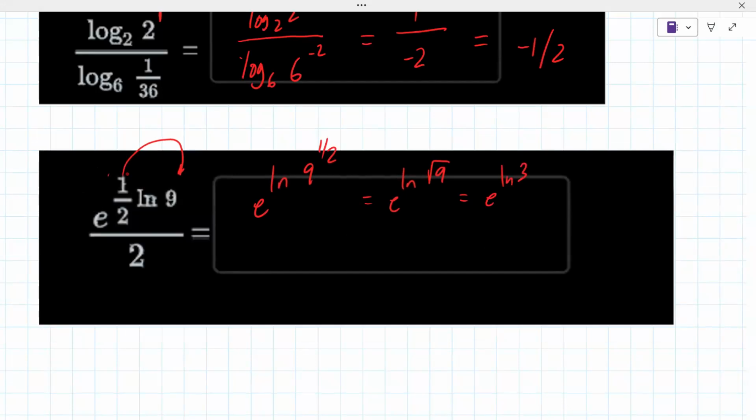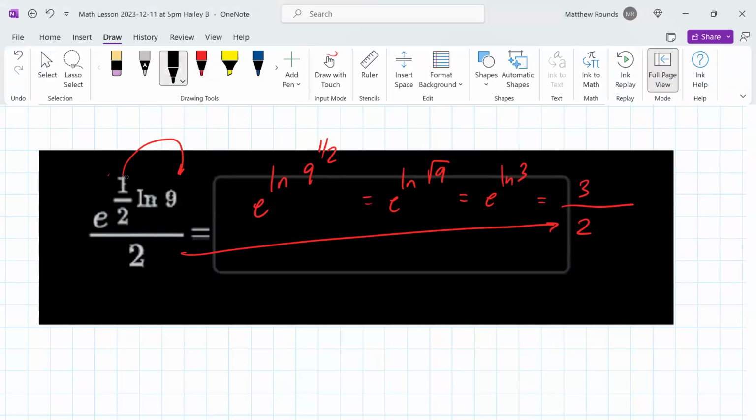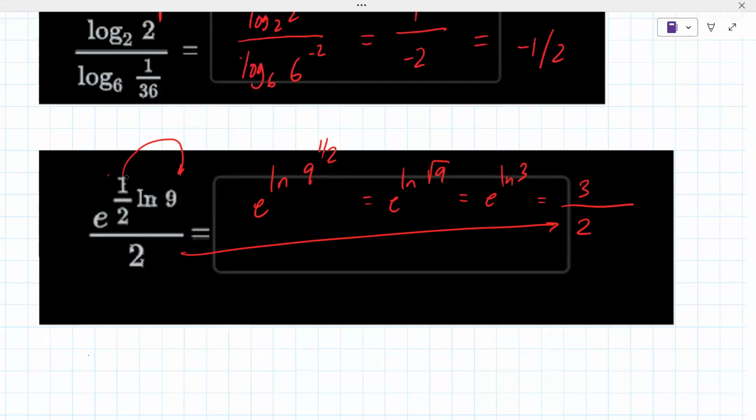And then the e and the ln undo each other, so it just becomes 3 over 2 there. Any questions on that? No. Okay.